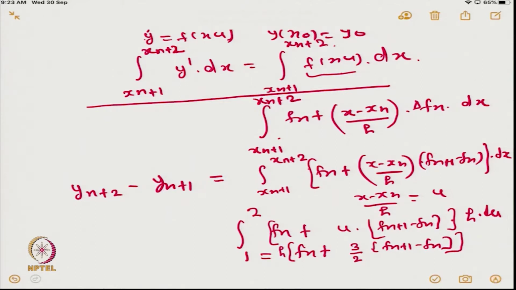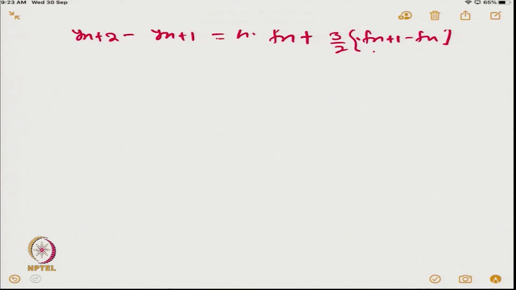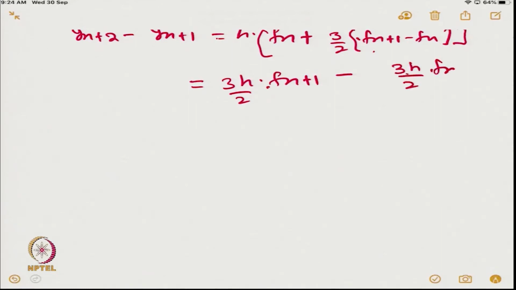So, the scheme will be this: y n plus 2 minus y n plus 1 is equal to h times (3 by 2 f n plus 1 minus f n). So, this will be h into 3h by 2 f n plus 1 minus 3h by 2 f n.